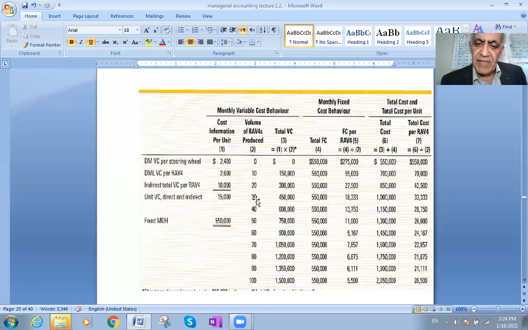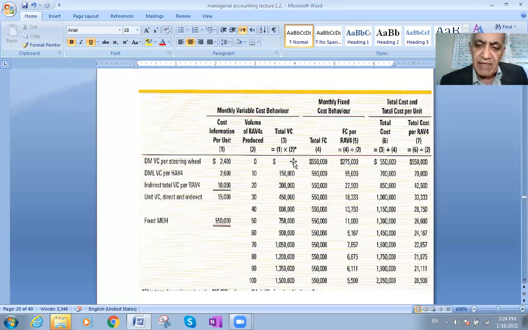Then 30 units multiplied by 15,000 will give me 450,000, and so on for the rest of the column. So I will say the volume of production multiplied by 15,000, which is the variable cost, for every level.